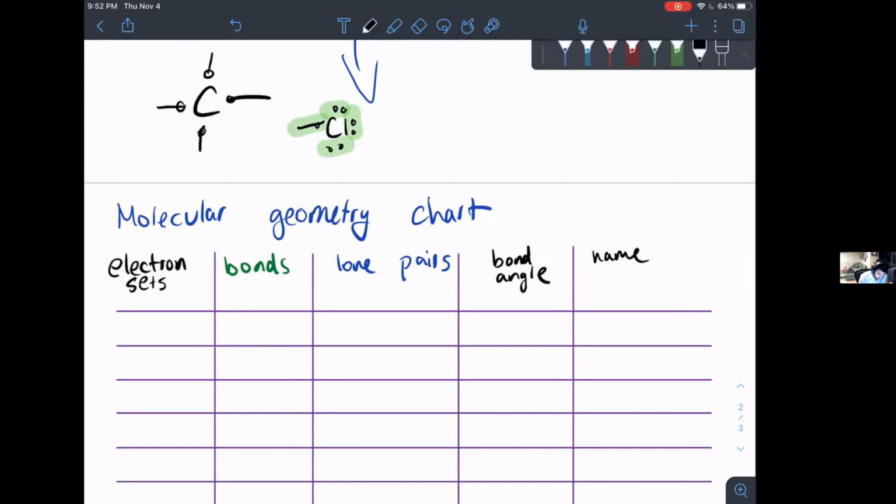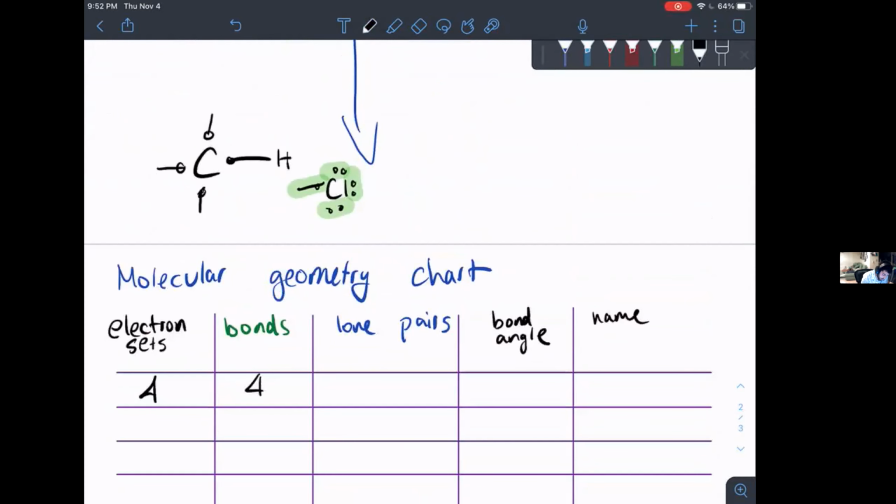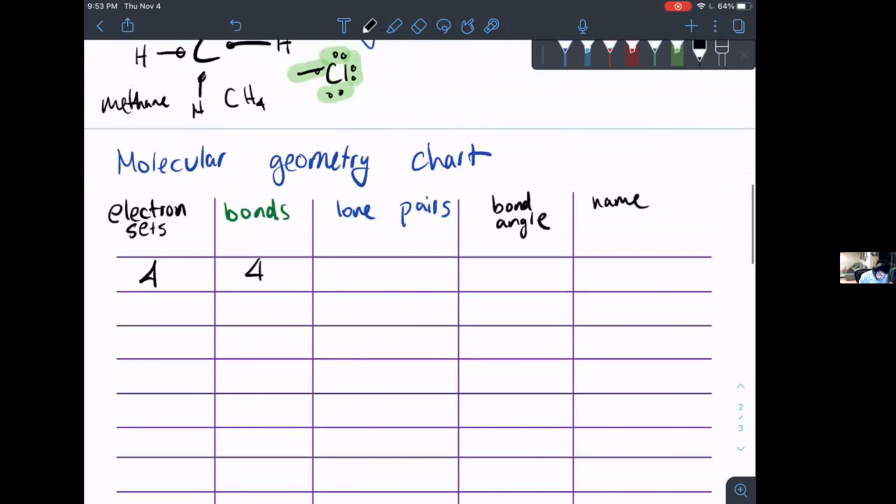So the most sets we're really going to be dealing with, at least in this chemistry, is 4. So if we have 4 sets and 4 bonds, like in this carbon bonded to a couple hydrogens in what's known as methane, or CH4, we're not going to have any lone pairs.